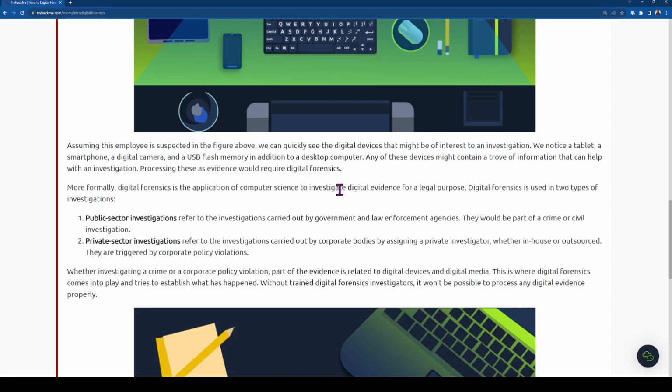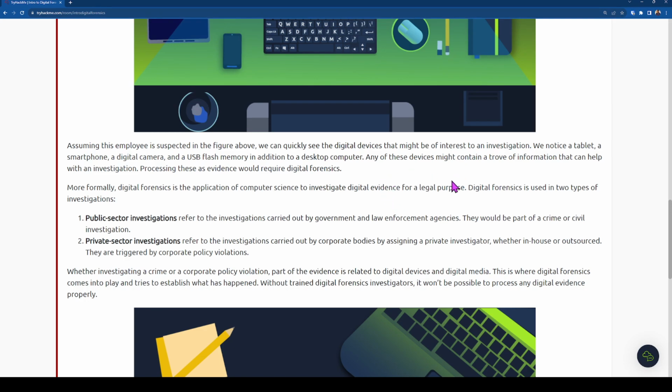Assuming this employee is suspected in the figure above, we can quickly see the digital devices that might be of interest to an investigation. We notice a tablet, a smartphone, a digital camera, and a USB flash memory in addition to a desktop computer.